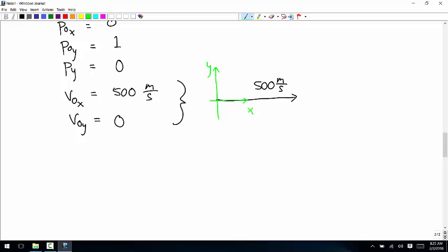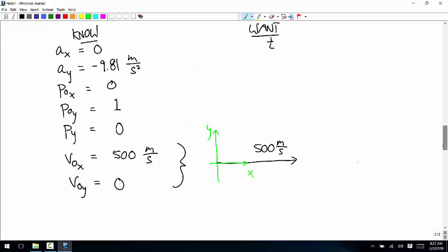Okay, so is there an equation we can use to find p? Yep, the y component of the same one. So we're going to use the equation that says py is equal to p0y plus v0y t plus 1/2 ay t squared.